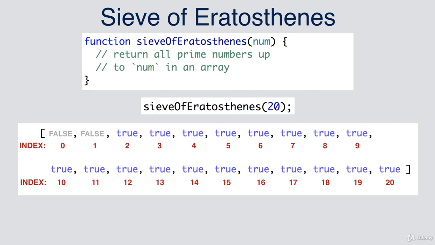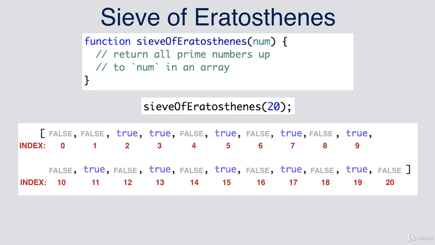So, for example, we will start at 2, and we will mark all of 2's multiples as false. So we will mark 4 as false, 6 as false, 8 as false, 10 as false, and 12, 14, 16, 18, and 20 all as false. Then we will move on to 3, and we will mark all of its multiples as false.